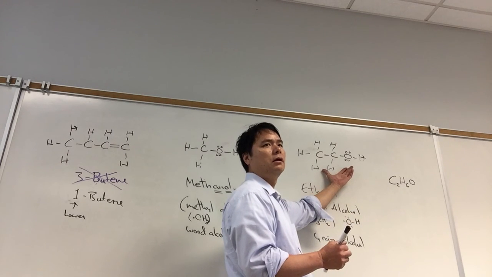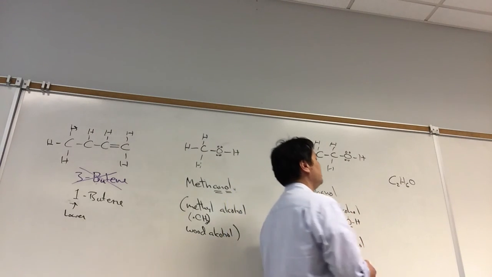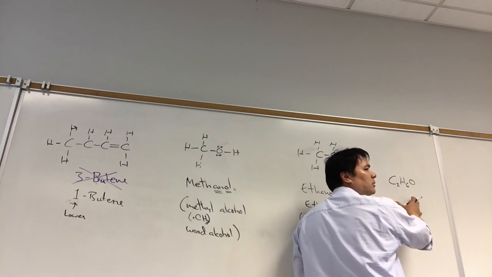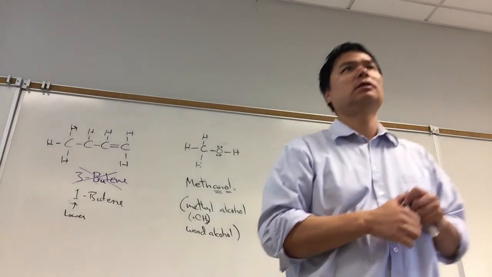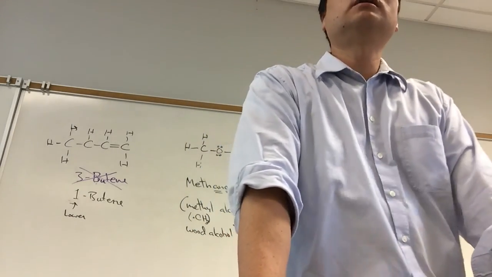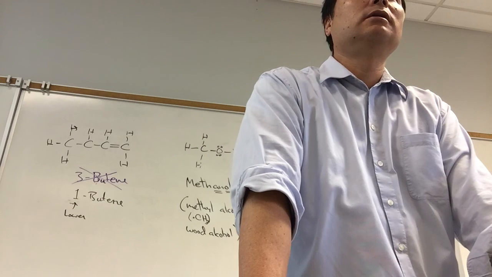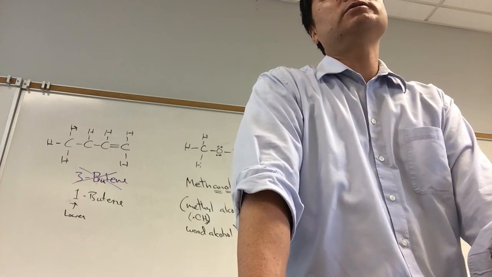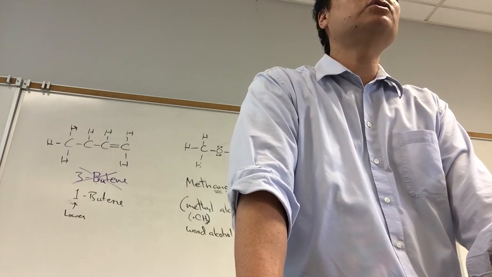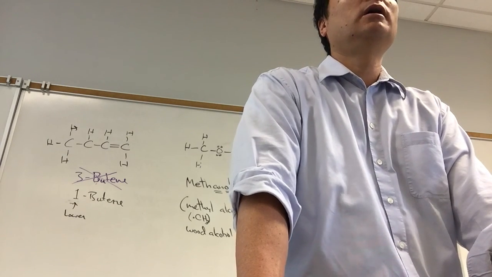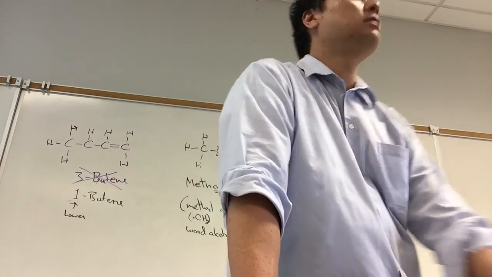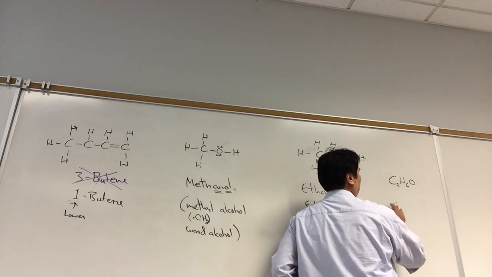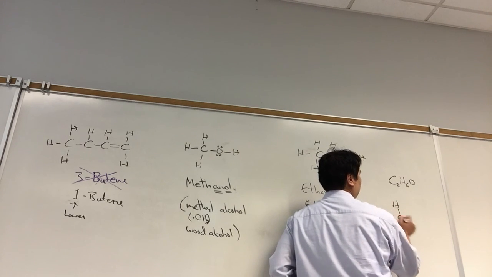We can see what's going on, because C2H6O has the chance of forming what are called isomers. You know what allotropes are? Allotropes are the same element, different structure. Isomers are the same thing except for compounds. Allotropes is the word used for elements; isomers is used for compounds. So if we look at C2H6O, this could also be dimethyl ether.